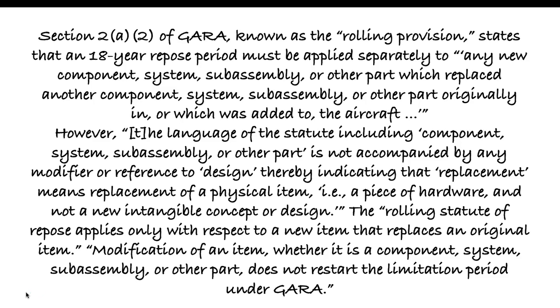However, the language of the statute, including component, system, subassembly, or other part, is not accompanied by any modifier or reference to design, thereby indicating that replacement means replacement of a physical item, that is, a piece of hardware, and not a new intangible concept or design. The rolling statute of repose applies only with respect to a new item that replaces an original item. Modification of an item, whether it is a component, system, subassembly, or other part, does not restart the limitation period under GARA.